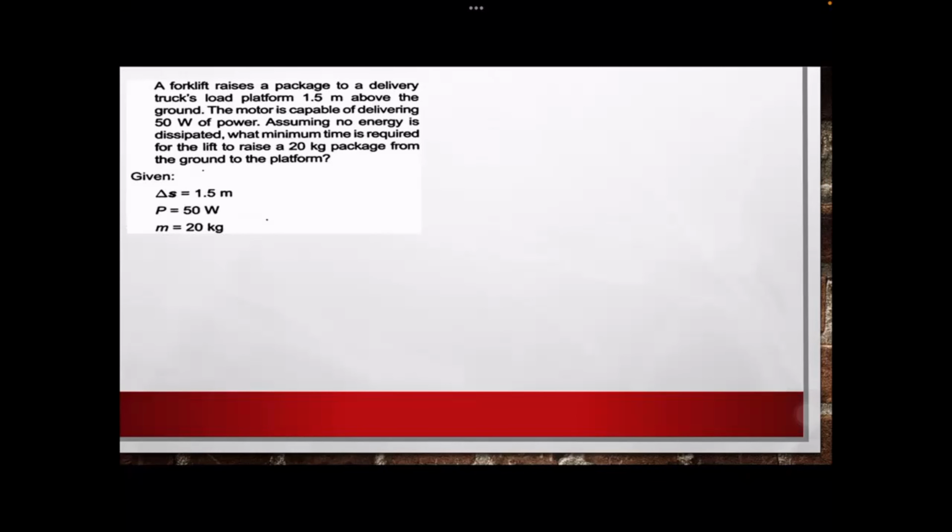So the given natin dito is the displacement, or the S, is 1.5 meter, the power is 50 watt, and the mass is 20 kilogram.